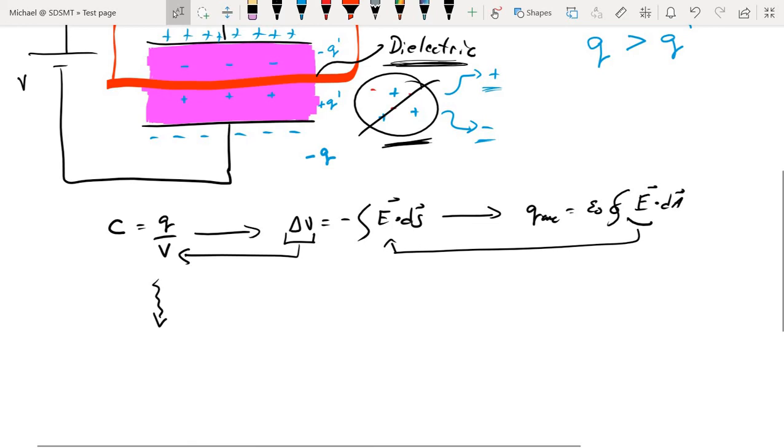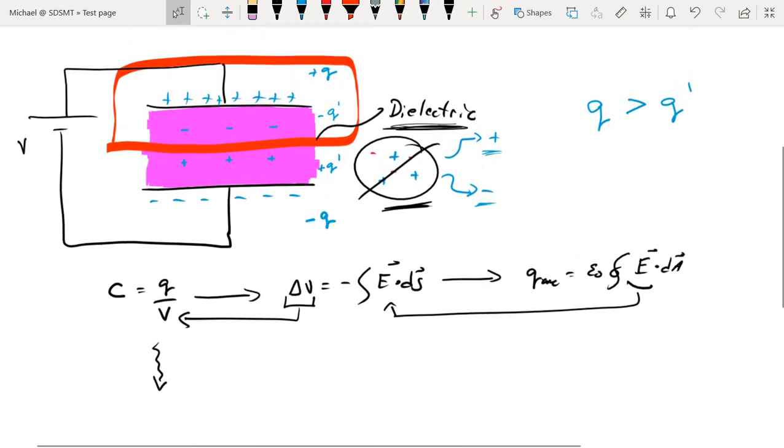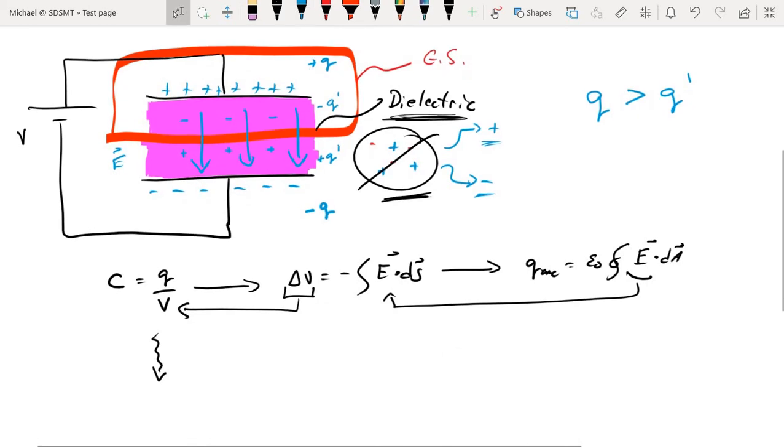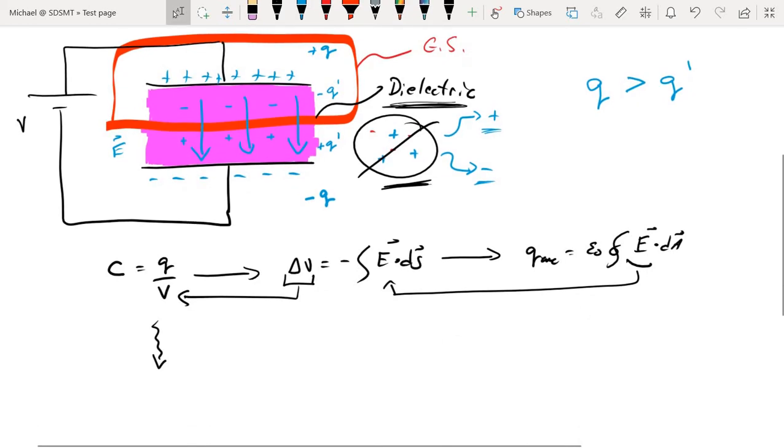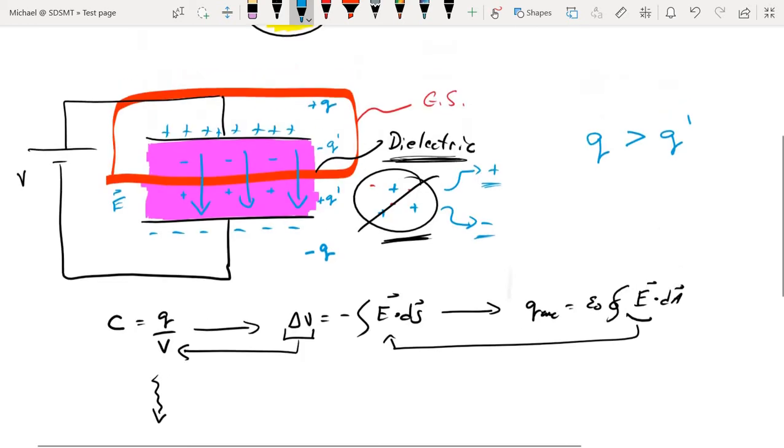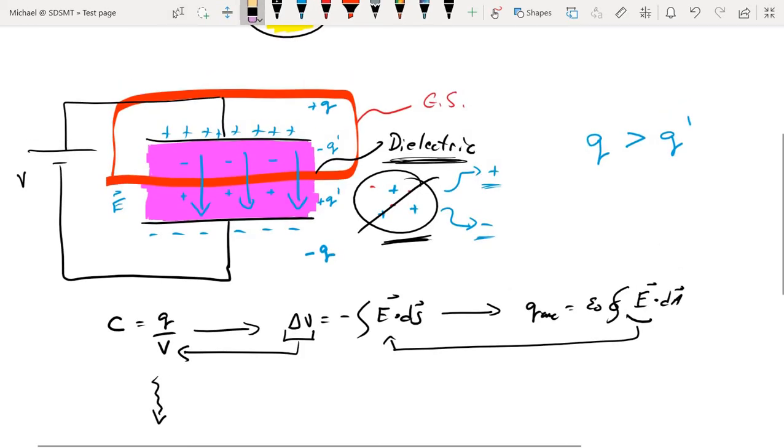All right. Now the reason we have to specify that is because if we look at the Gaussian surface that we've drawn through here, because again we want to know what are the electric field lines that are going to be produced between these two plates, I need those electric field lines to pass through the surface of our container. And everything is actually going to go exactly the same as the way it did when we had the capacitor with nothing in between the plates.